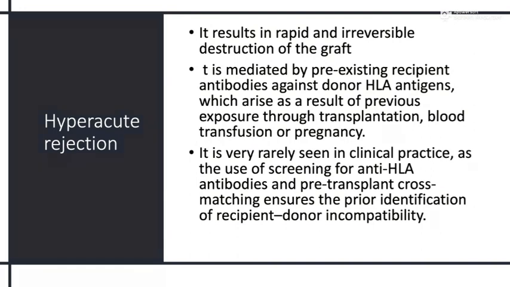The body already has antibodies, so it doesn't need formation of antibody in order to cause destruction. Antibodies are already present. Once you transplant, the antibodies will attack the tissue and result in failure of the graft. It is very rarely seen in clinical practice.